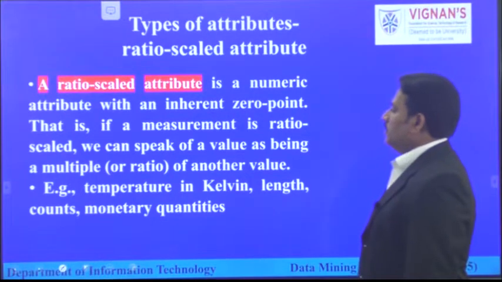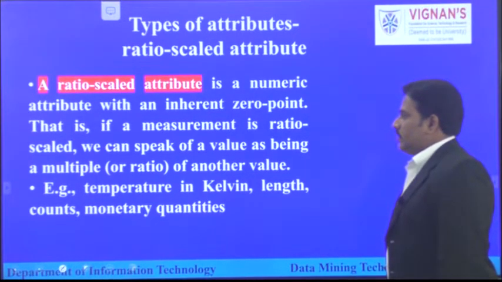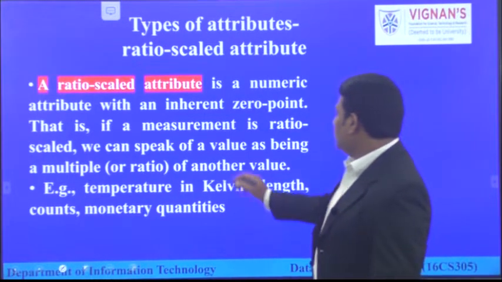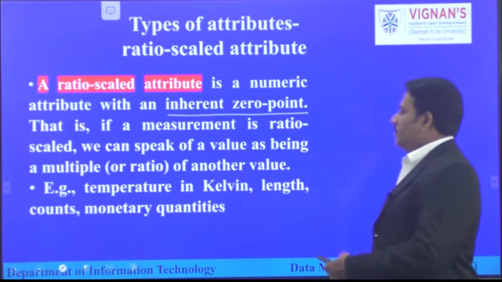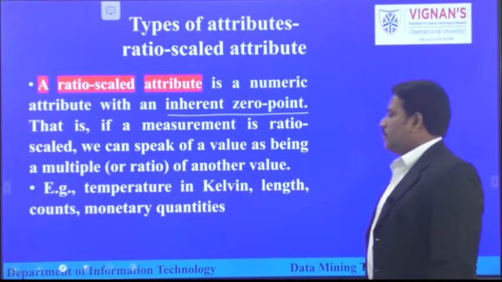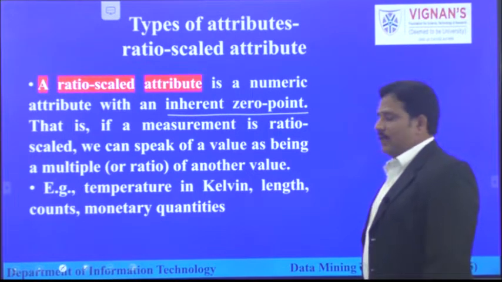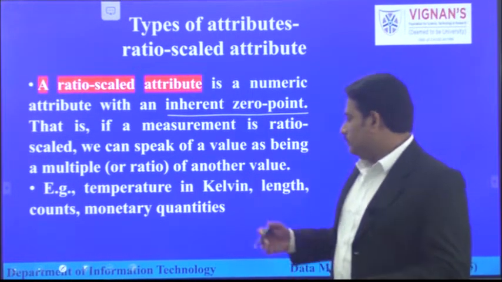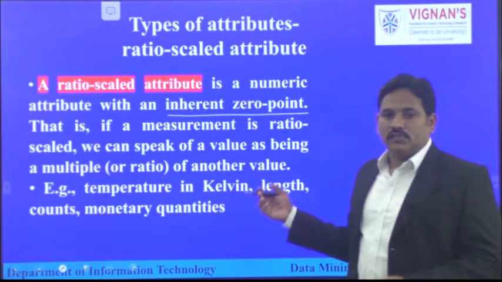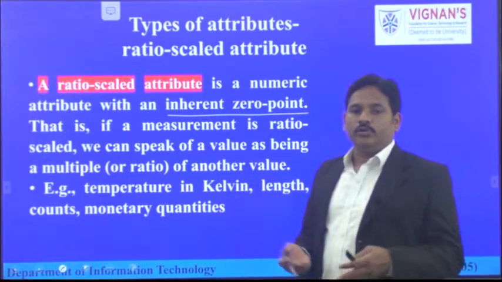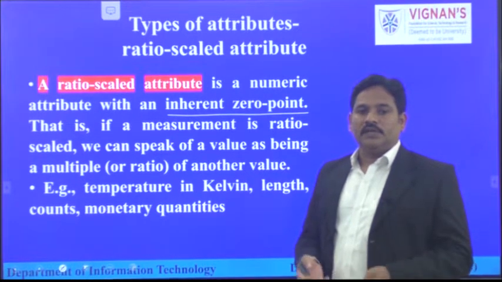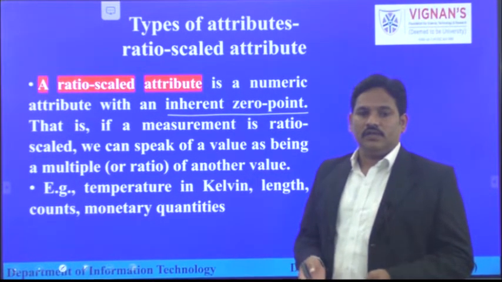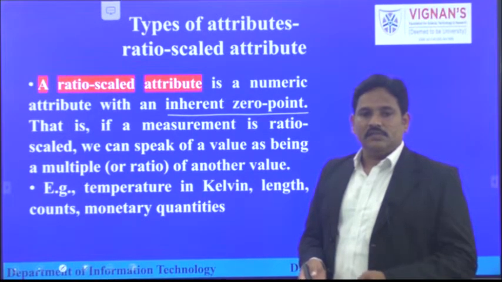And the next one is ratio scaled attributes. That means this is another way of storing a numeric attribute with an inherent 0 point. If a measurement is ratio scaled, we can speak of a value as being a multiple of another value, like how much percentage of sales has increased compared to the previous year. We want to see how much percentage of sales has increased when compared with the previous year's sales information.